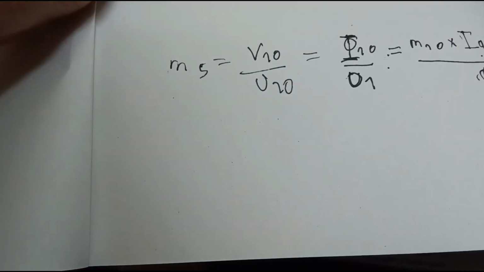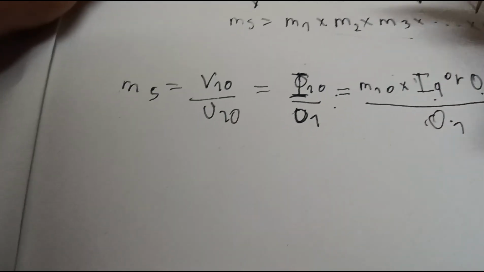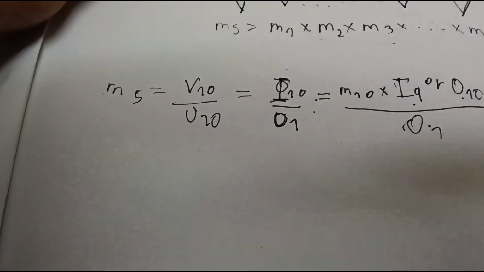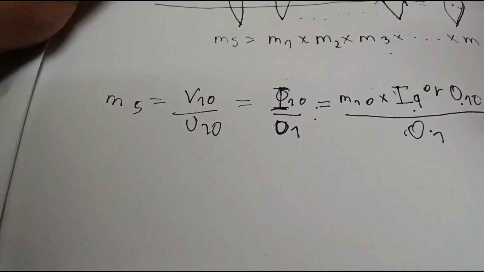So now, as I've already told you, the image formed by an object can be written as magnification of that lens multiplied by the object length.